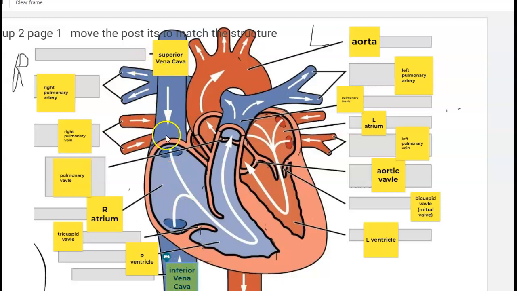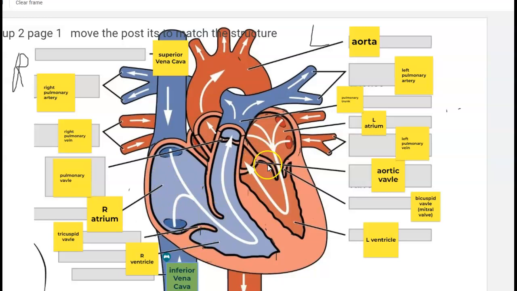So then we have the blood coming in. Now there are valves in between the atrium and the ventricle, and there are 3 different ways to name the valves, just to make things confusing. Because they're between the atrium and the ventricle, they're called atrioventricular valves, and since this one's on the right side, it's the right atrioventricular valve.